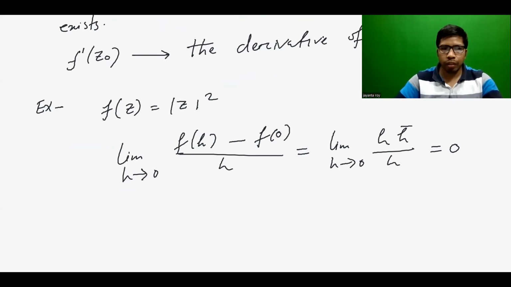So the limit exists and equals 0. So this function is differentiable at the point z equals 0. But this function is not differentiable at any other point of the neighborhood of 0.